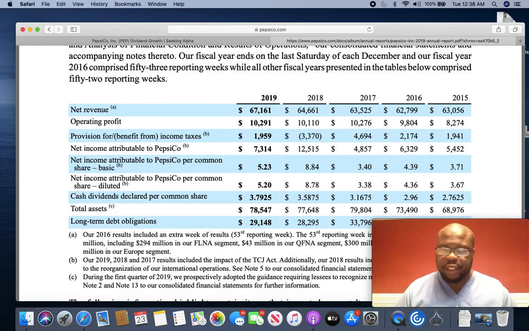Utilities such as Con Ed, Dominion Energy, all those companies usually pay out 80-85%, and that's standard across that sector. Also, REITs pay out very high because they're required by law to pay out a very large percentage back to shareholders. But if you're buying a consumer discretionary company or a pharmaceutical, you don't want to see 95% of the earnings being paid out.